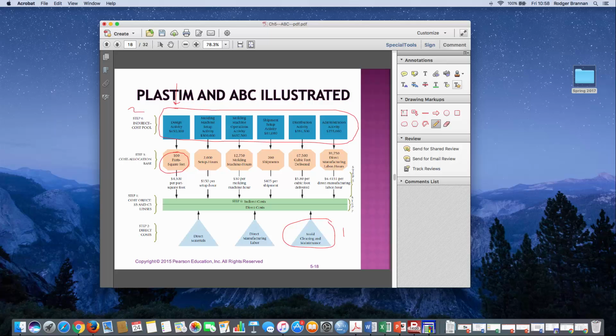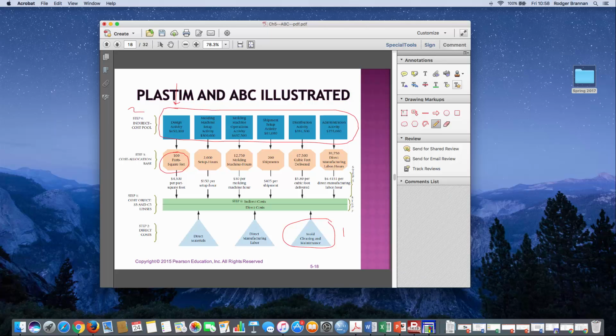Number two, break down the remaining overhead cost into manageable pools. And all of these are going to be either unit level cost. In this one, they might be all batch level cost. The same thing over here. Some of these may be a facility level cost. Some of these may be a product level cost. And that would be one way.